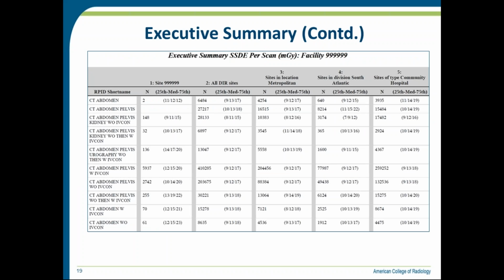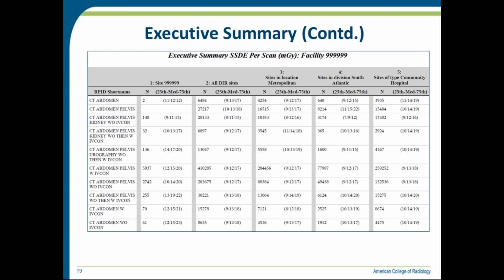Of note, we use only per scan exams for all the PDF reports to keep them at a manageable size. For all Excel spreadsheet reports, we will show per scan and per exam. And these criteria are all included in the inclusion criteria at the beginning of the reports.